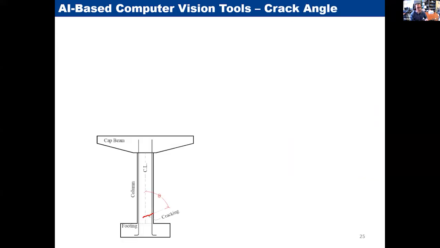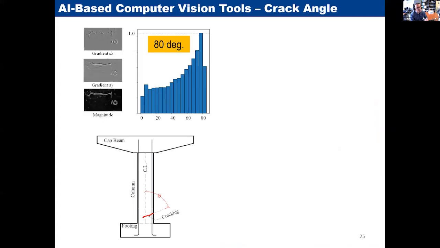Here is something new that we did. The determination of the crack is really hard because cracks go around large aggregates. But there is a fundamental or major crack angle. For the software to see it, we ended up with a histogram. For example, if you see a crack like that, the angle is compared to the vertical axis.